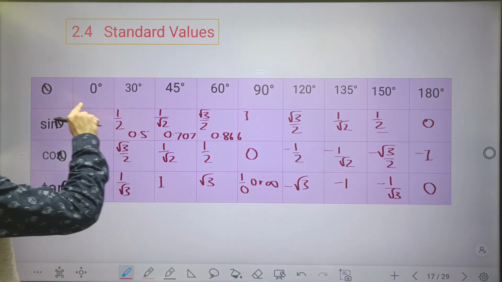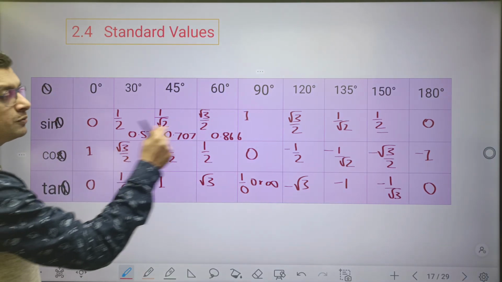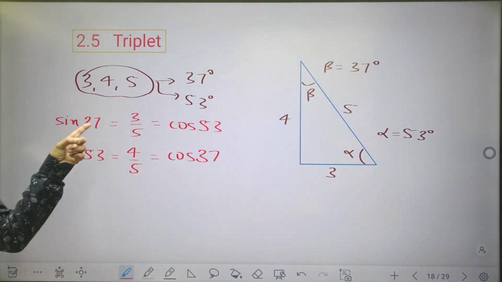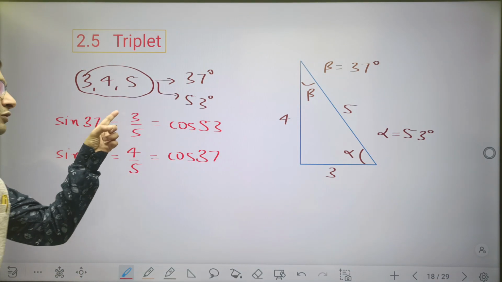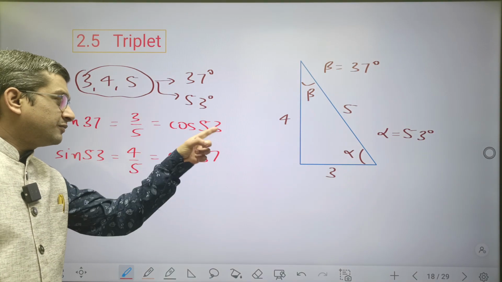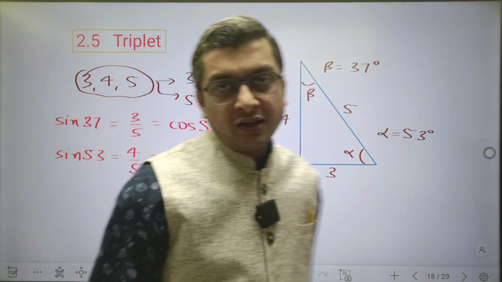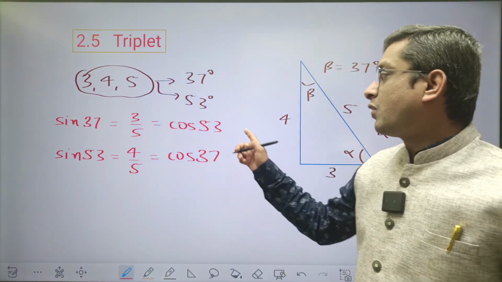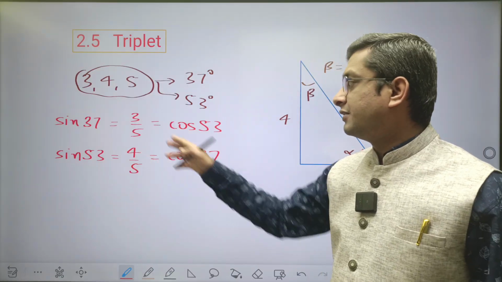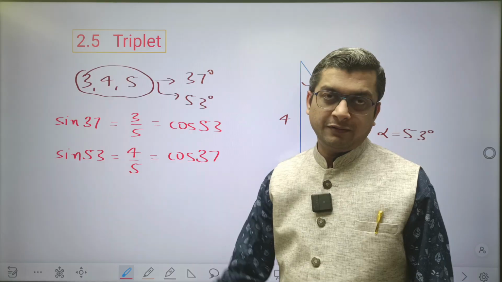Angle increases from 0 to 90 degree, but cos theta decreases from 1 to 0. That's why here the angle is less, sine 37, the value is less, 3 by 5. But the angle corresponding to cos is greater, that is 53. Always remember, the value of cos 53 must be less than the value of cos 37. That's why cos 53 is 3 by 5 and cos 37 is 4 by 5.